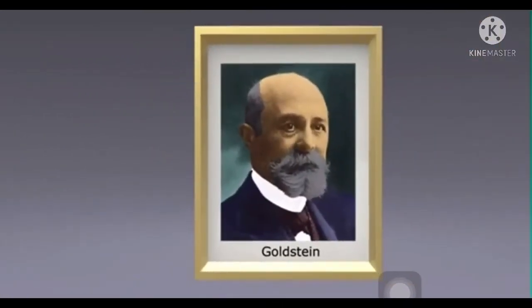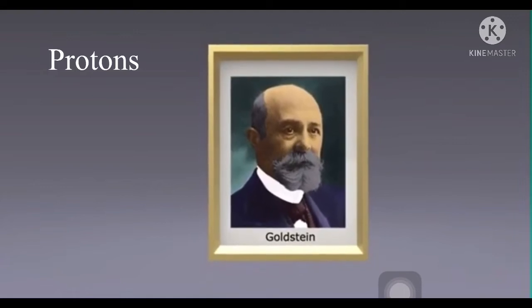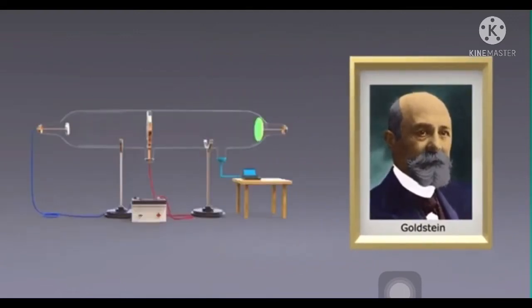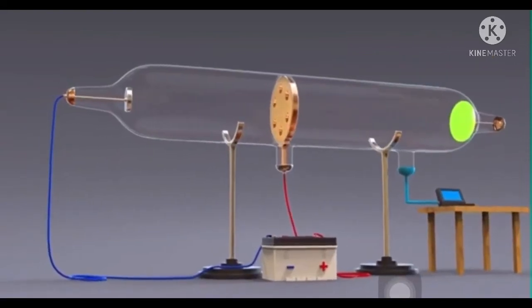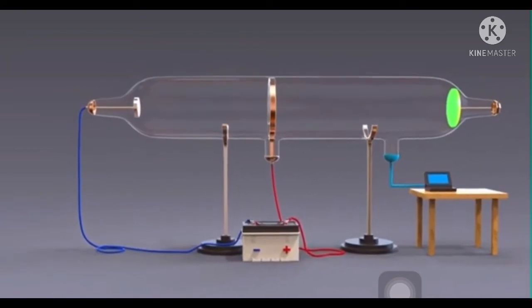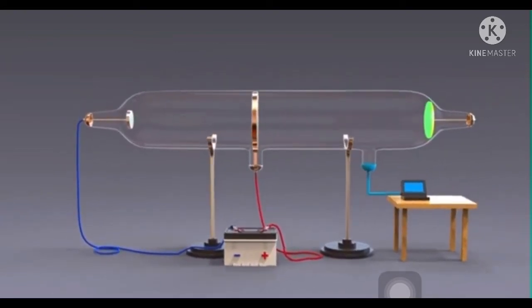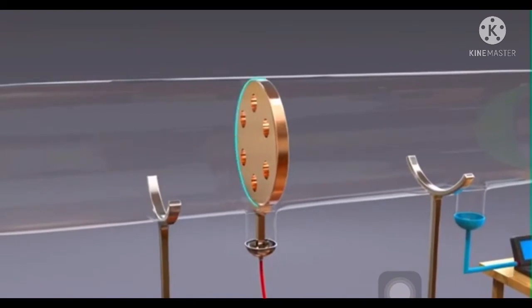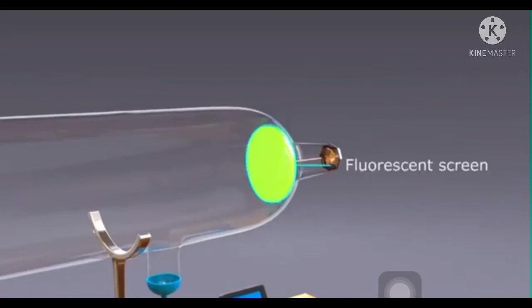Next we will talk about the protons, which were discovered by Goldstein. The experimental setup for the discovery of the protons was similar to the cathode ray tube experiment we saw before. The only difference was that Goldstein took a perforated cathode plate in the middle and the fluorescent screen at the other end.